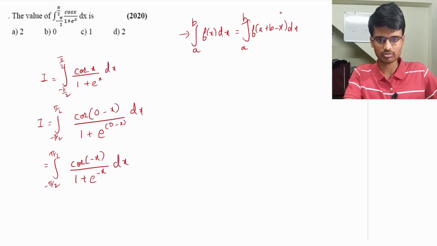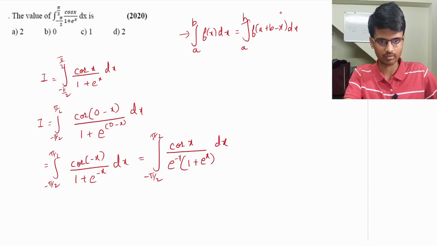What is cos of minus x? It is cos x, right? Cos x, and I'll take e power minus x common here. I get 1 plus e power x. Okay, so this is the trick that I'm going to play. So now I have taken e power minus x common here. Now this integral becomes e power x cos x by 1 plus e power x.